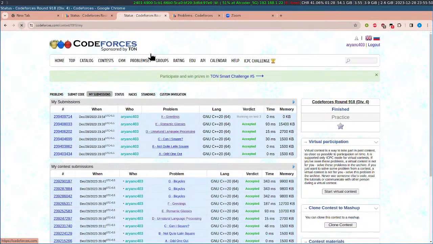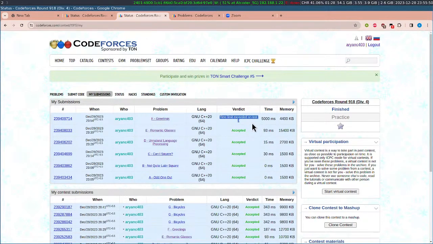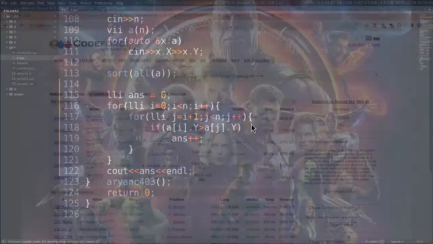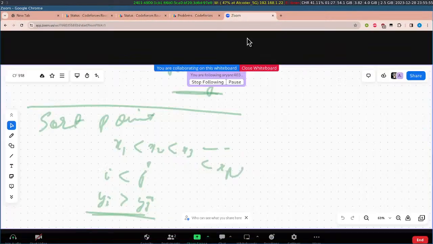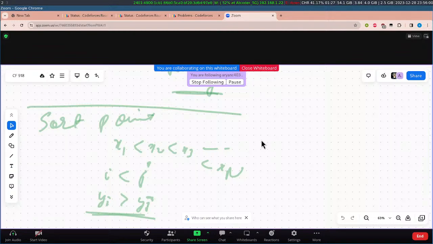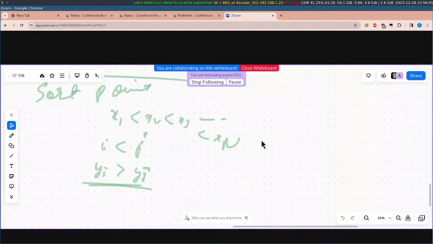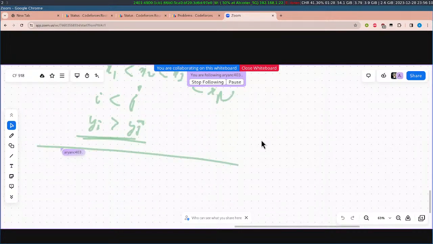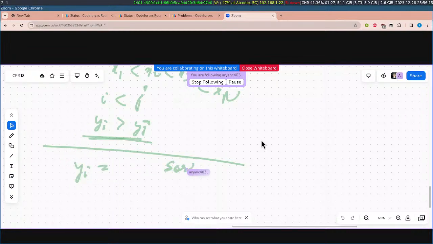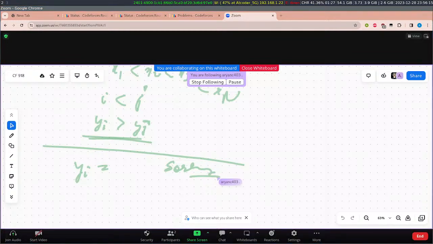As expected, this did get a time limit exceeded. And if we notice one thing, after sorting, we can also create a new array yi, which is the y coordinate after sorting the points.